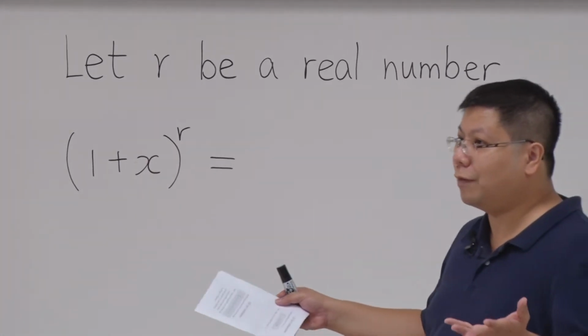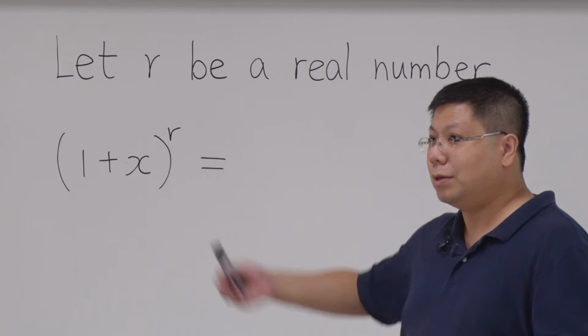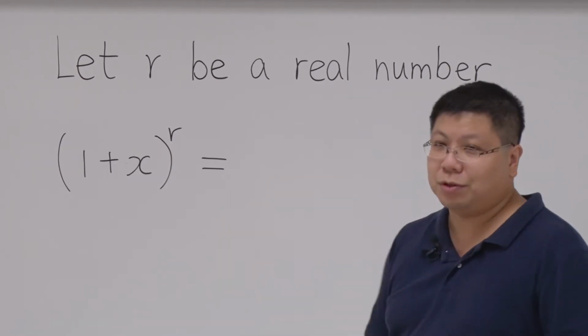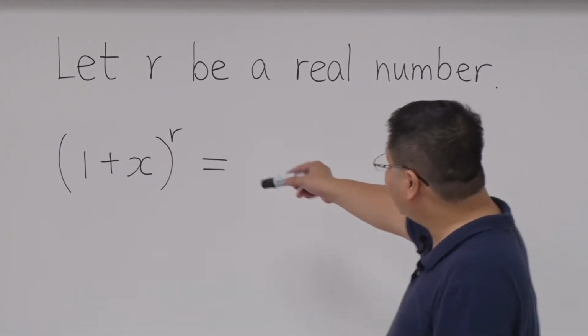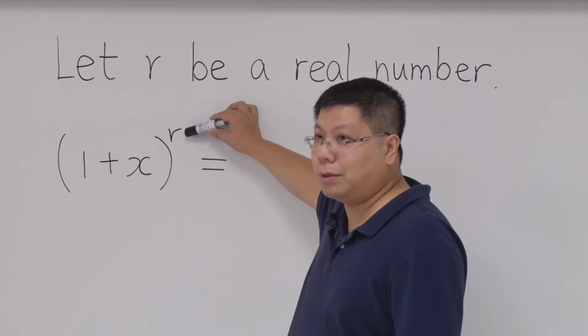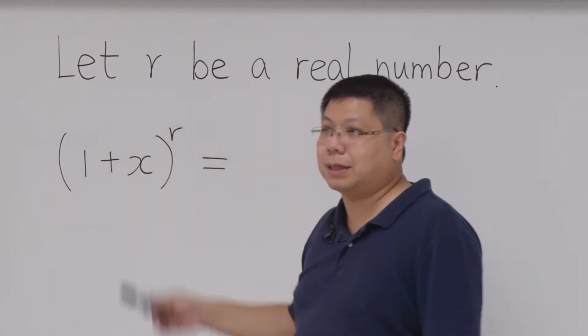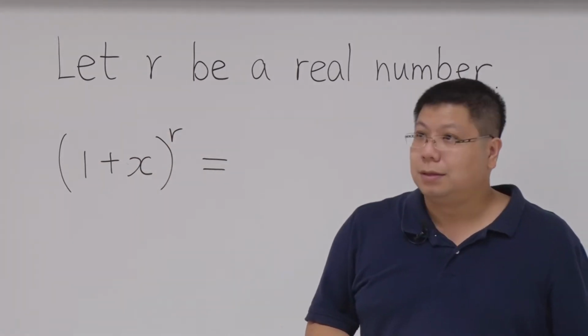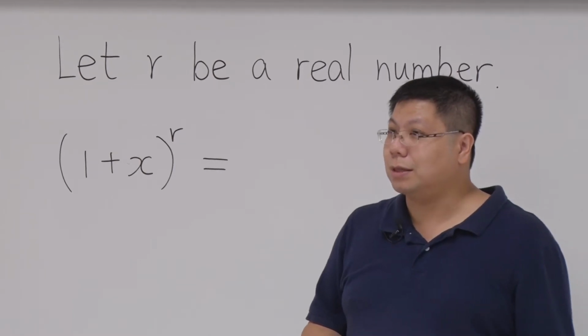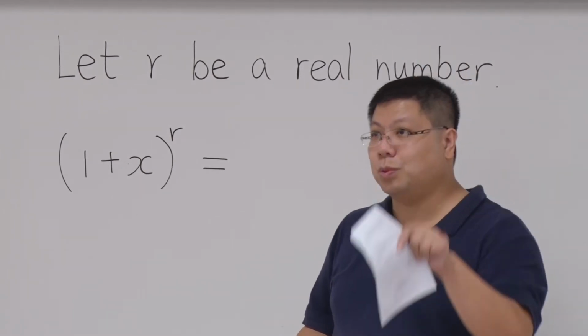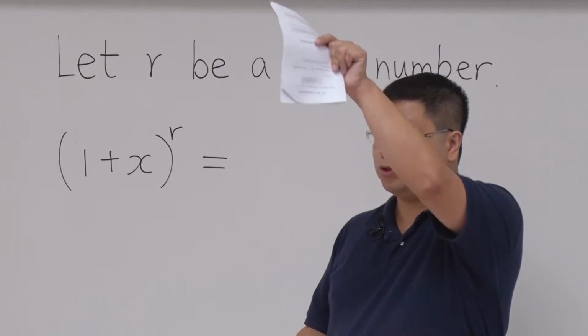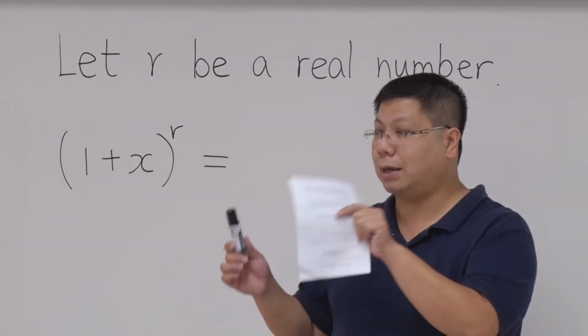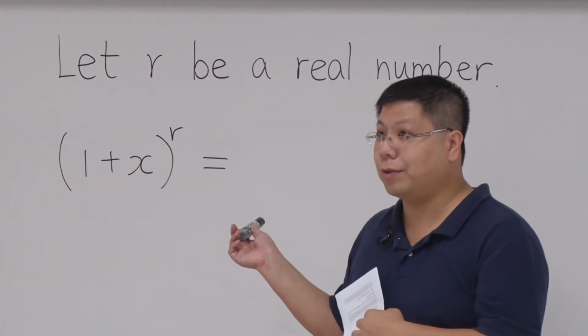So if r is a positive integer, then we know exactly what 1 plus x to the power r is. Is that okay? Because it is going to be 1 plus r choose 1 times x, plus r choose 2 times x squared, plus r choose 3 times x cubed, and so on and so forth.